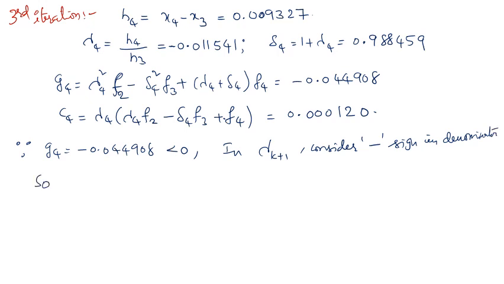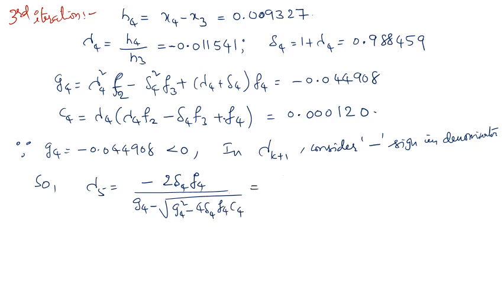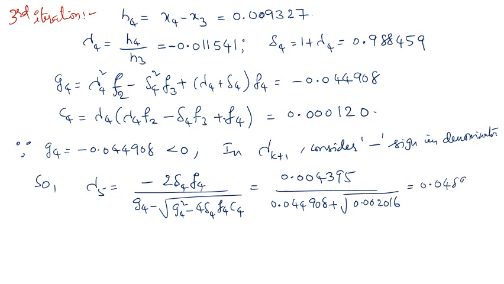Okay, so lambda 5 becomes minus 2 delta 4 f4 by g4 minus under root of g4 square minus 4 delta 4 f4 c4, and substituting the values and taking the negative sign common, 0.004395 by 0.044908 plus under root of 0.002016. So this value is 0.048940.